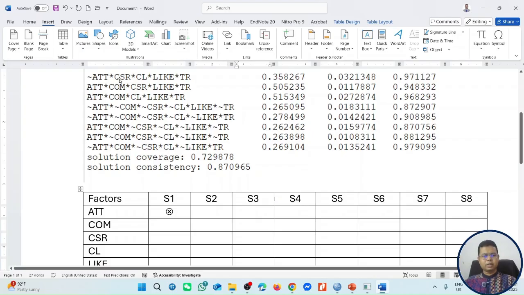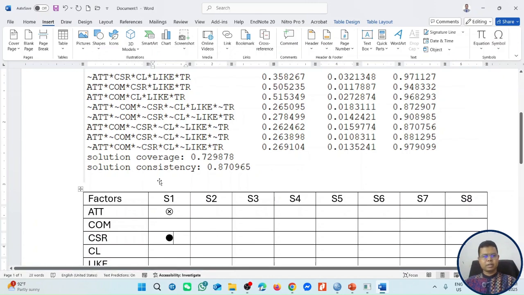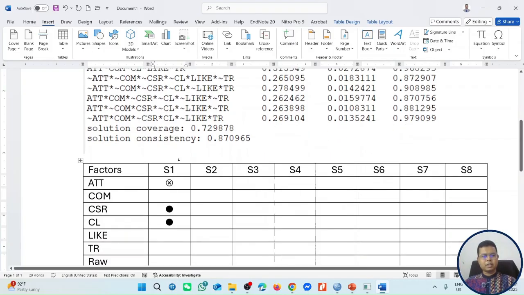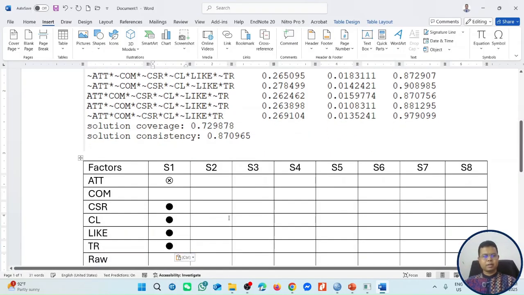On the other hand, in solution 1, COM is absent, but CSR, the star sign before the CSR, it means fully present. So the symbol I'm making like this. Okay, so fully present and COM is absent. So CL is fully present, then LIKE is fully present, and TR is fully present.